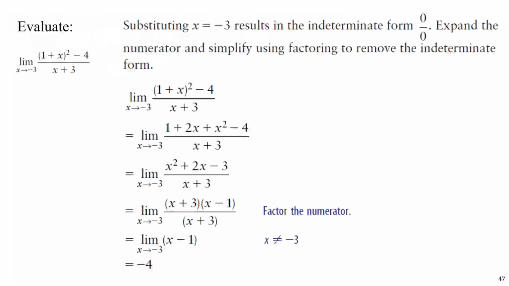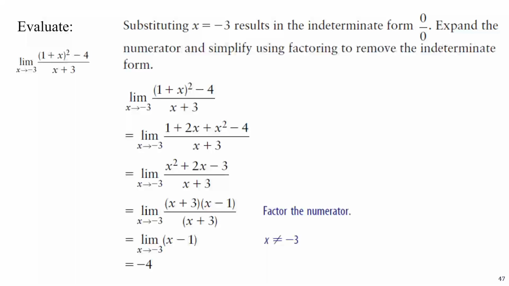Again, if you substitute x equals negative 3 into the rational expression, you will end up with 0 over 0. It's not feasible to find its limit, right? So we can expand the numerator and simplify using factoring to remove the indeterminate form.